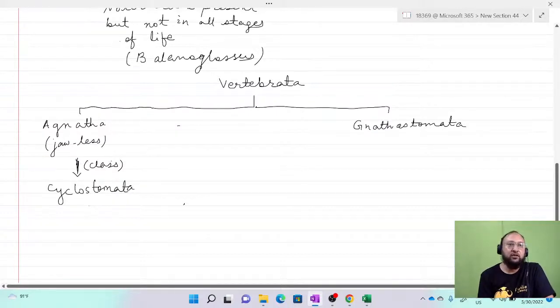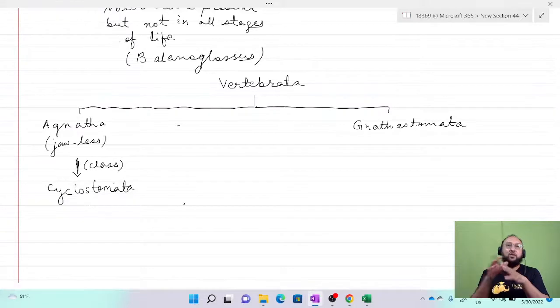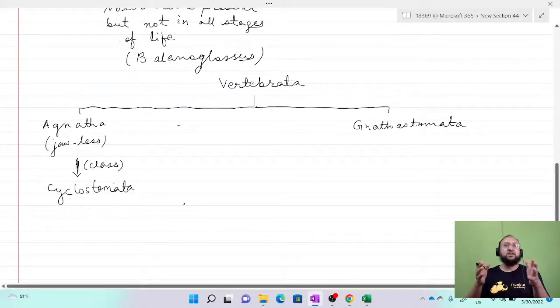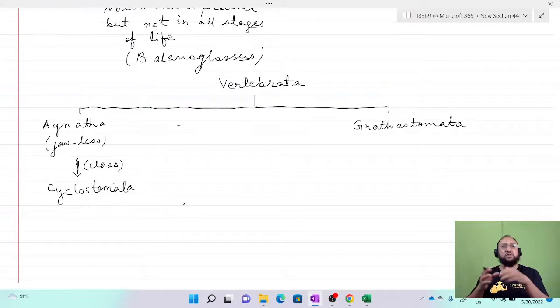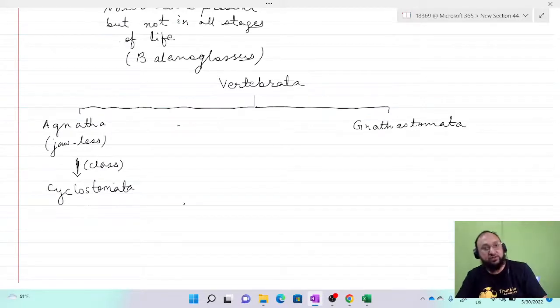So that is one class, Cyclostomata. In Gnathostomata, there are so many other divisions, and reptiles and mammals come under Gnathostomata because they bear jaws. In Agnatha, jawless, the group of animals is very small. Only some animals represent the Agnatha group, and one of the most prominent is Cyclostomata, which has a circular mouth, like Petromyzon.